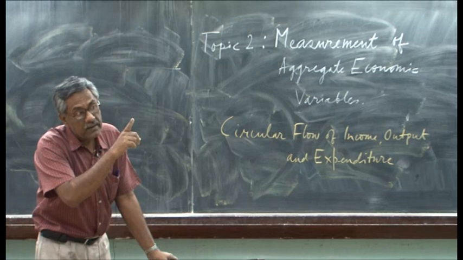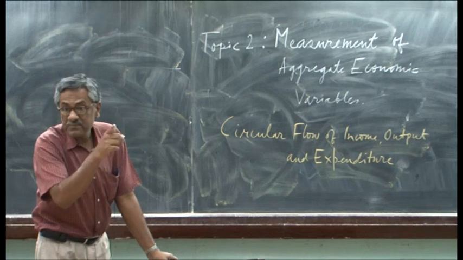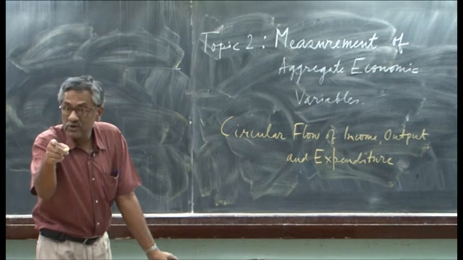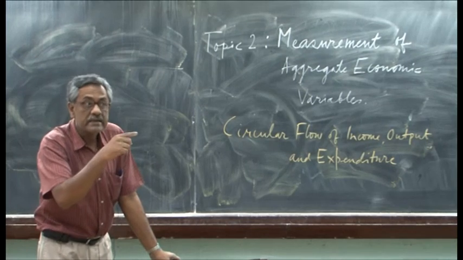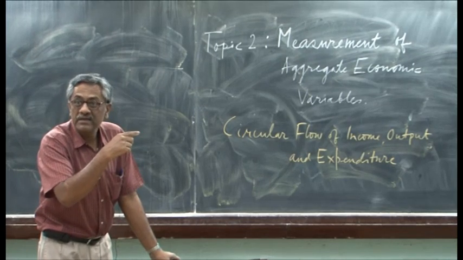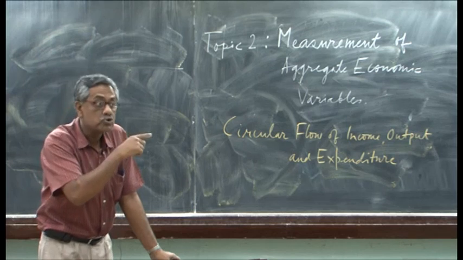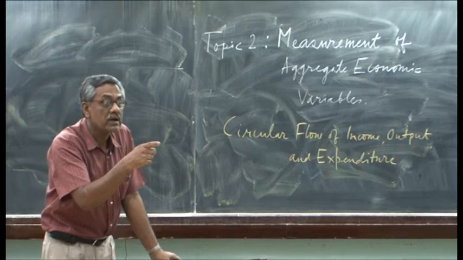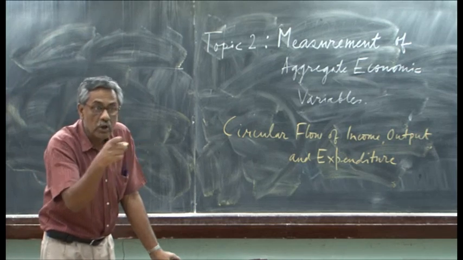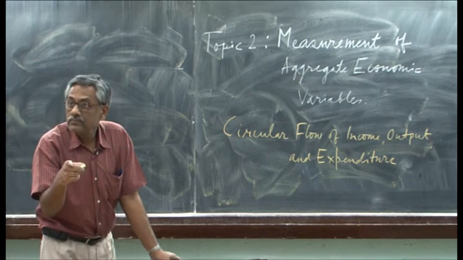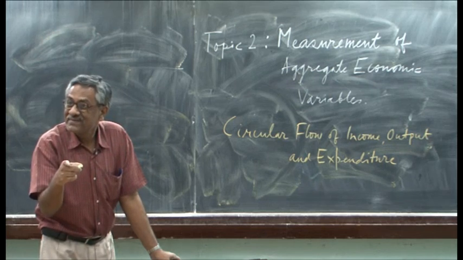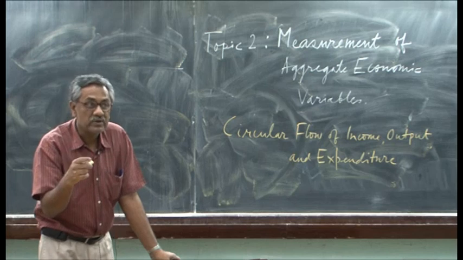And their expenditure, which is in terms of salary to you, is collected from the output that they have produced and sold in the market. So they are all connected. They are not in isolation.